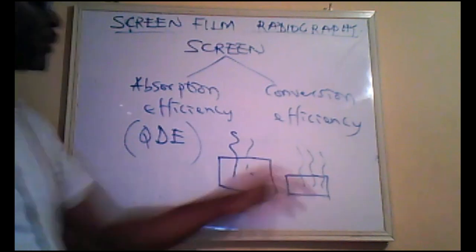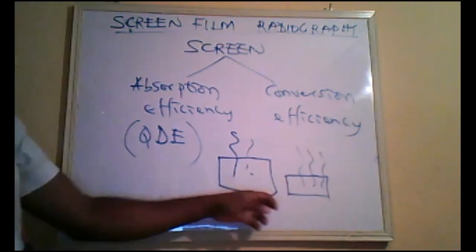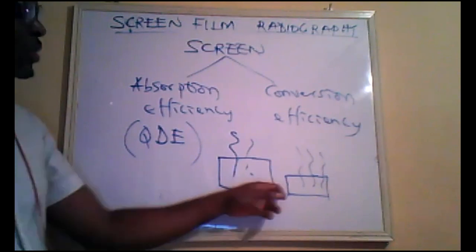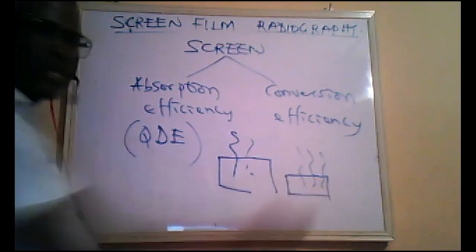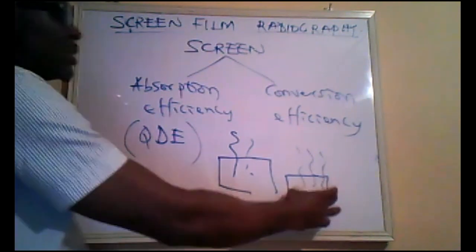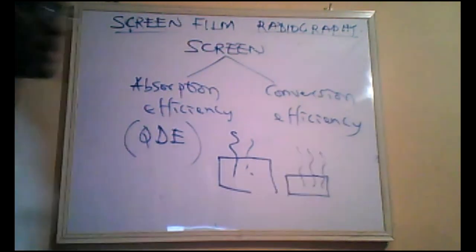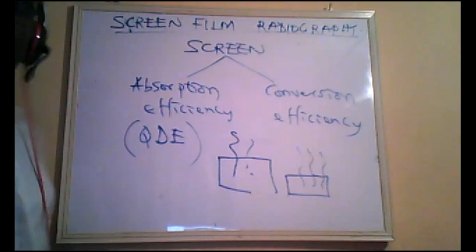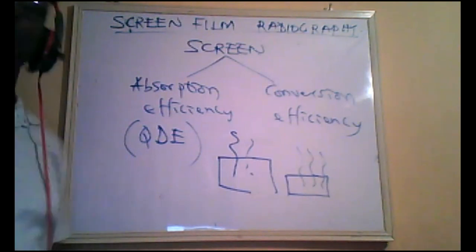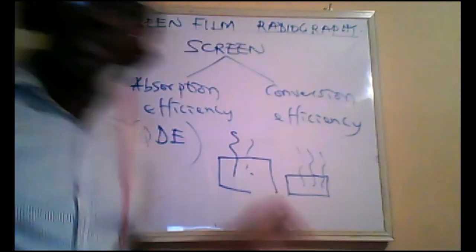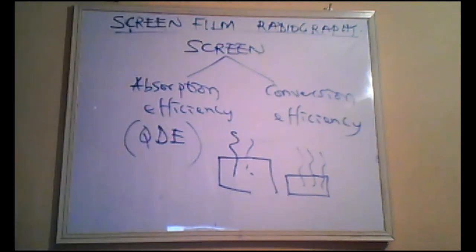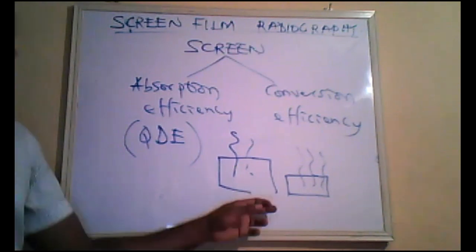But there's a problem with this. This one is not going to give us a very good spatial resolution. But this one will give us a better spatial resolution because of its smaller size. Of course, this is the same with almost every imaging modality: the thinner the element, the better the spatial resolution. So it is not different here.